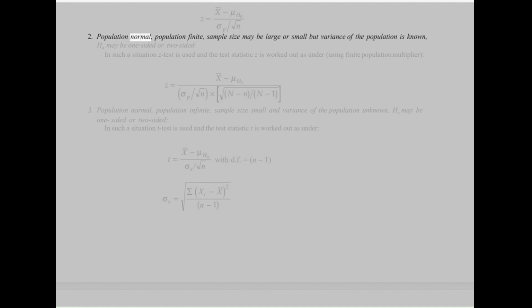Population normal, population finite, sample size may be large or small but variance of the population is known, may be one-sided or two-sided. In such a situation, z-test is used and the test statistic z is worked out as under, using finite population multiplier.